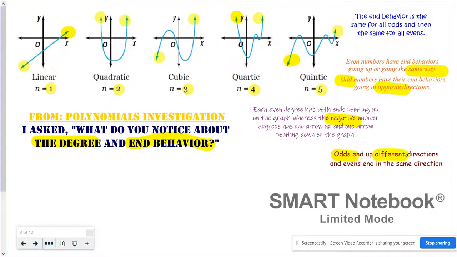Odds end up in different directions and evens end up in the same directions. Those are just 4 of your responses, because basically you were all noticing the same thing when it comes to end behavior and the degree of the polynomial function. Even functions have equal end behavior and odd functions have opposite end behavior.